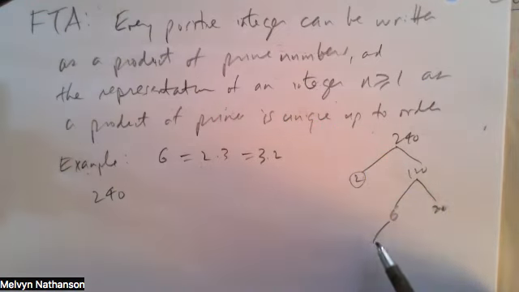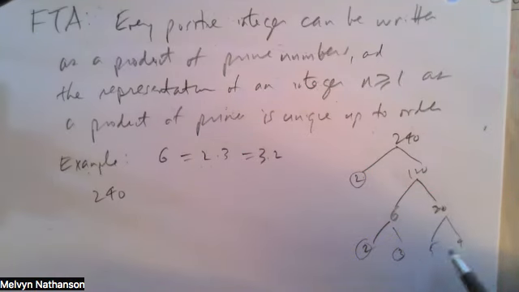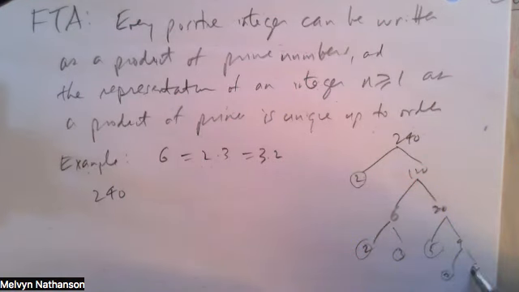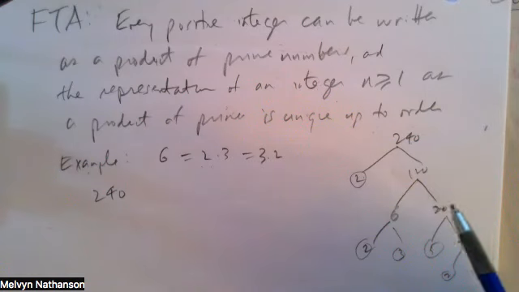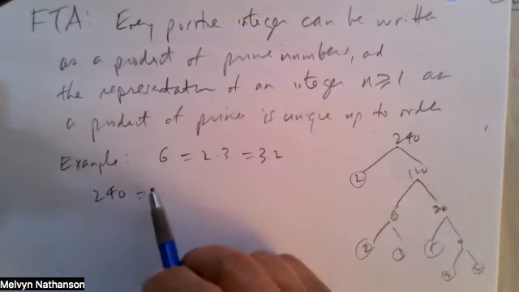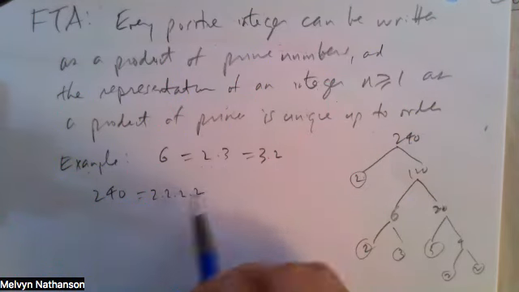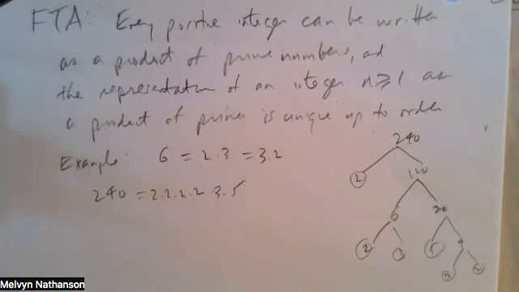And then 6 is 2 times 3, they're primes. 20 is 5 times 4, 5's a prime. But 4 factors into 2 times 2. So 240 is the product of the four 2's, 2 times 2 times 2 times 2 times 3 times 5.